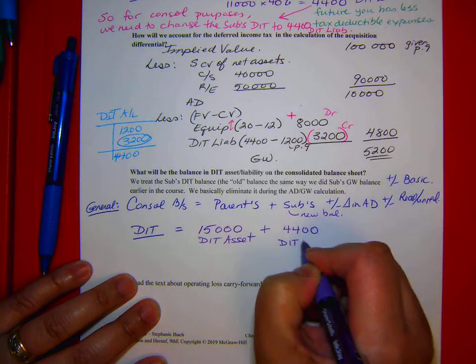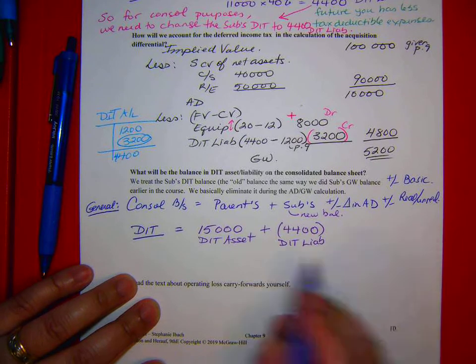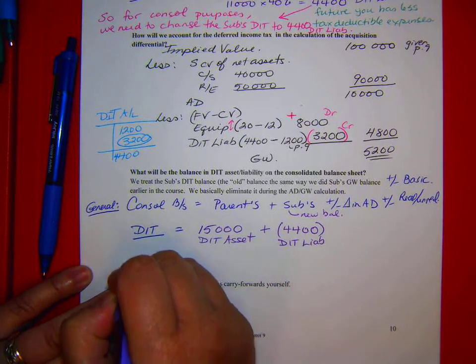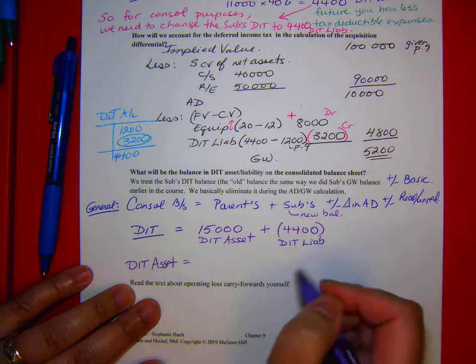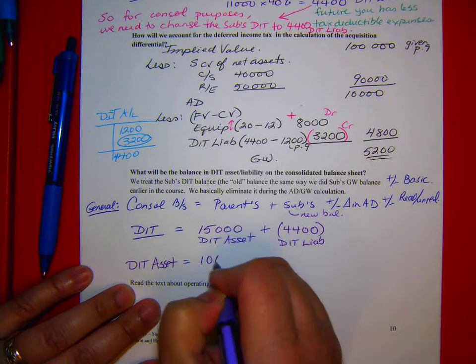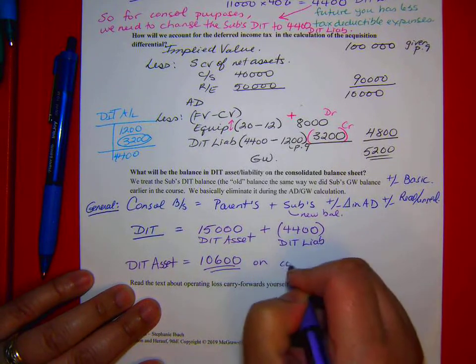And it's a DIT liability, so it's going to have an opposite balance. So it's going to be a DIT asset of 10,600 on the consolidated balance sheet.